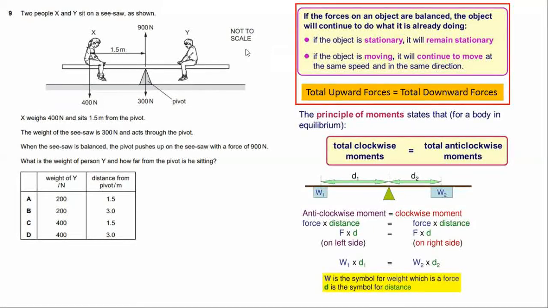Let us consider W1 as the weight of X and W2 as the weight of Y. Now we know the two weights, which are 400 for W1 and 200 for W2. D1 can be considered as the distance of X from the pivot, which is 1.5 meters. D2, which is the distance of Y from the pivot, we don't know.